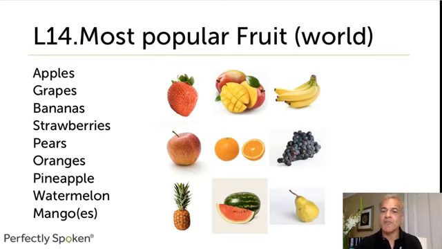And then mangoes, bananas, apple, plural, apples, oranges, grapes, last line at the bottom on the left, pineapple, then watermelon, watermelon, and finally pear, plural, pears.